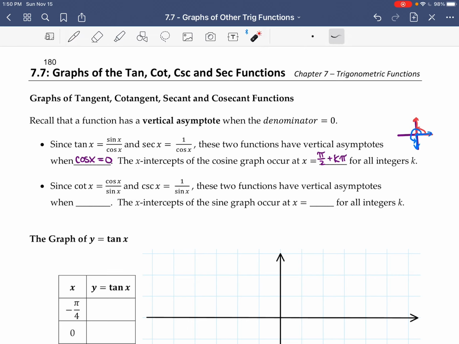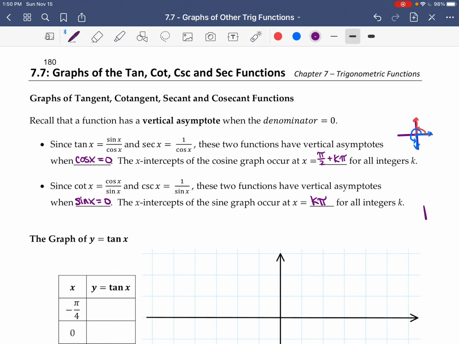Okay, similarly, cotan is cos over sine, and cosecant is 1 over sine. So these guys are going to have vertical asymptotes when sine of x is 0, and that happens at all multiples of pi. So that's going to be k times pi for all integers k.